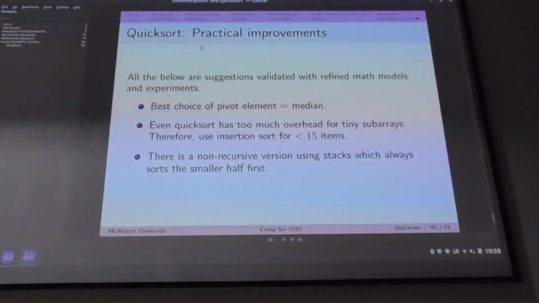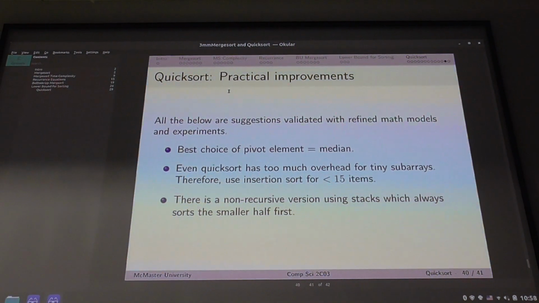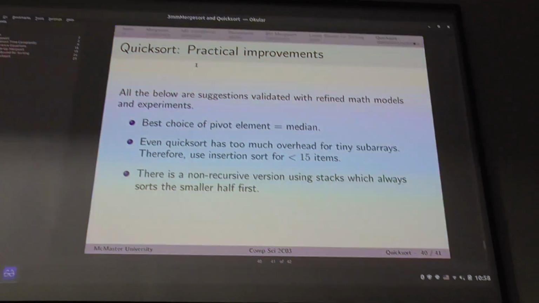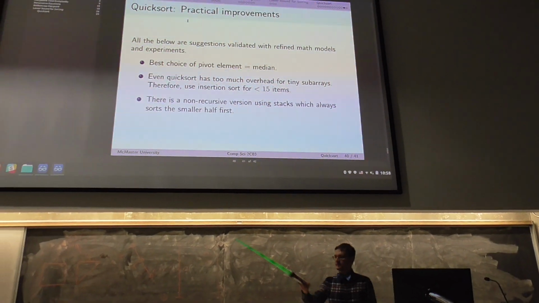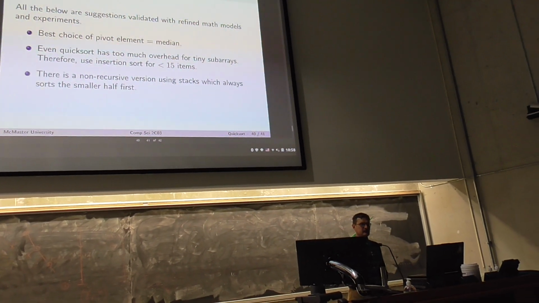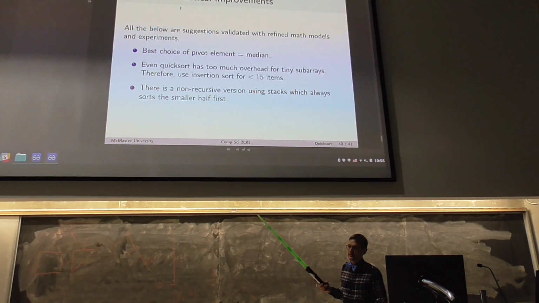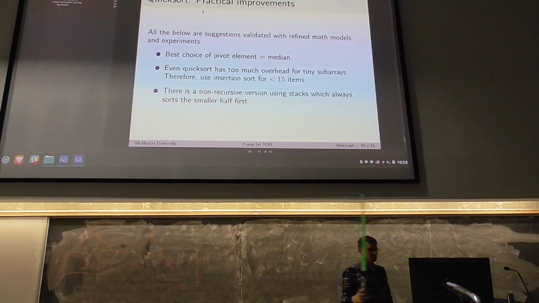So, here are a few practical improvements. All of the below suggestions are validated with refined mathematical models and experiments. The best choice of the pivot element is the median. Even quicksort has too much overhead for tiny subarrays. Insertion sort outperforms quicksort on arrays of less than 15 elements.